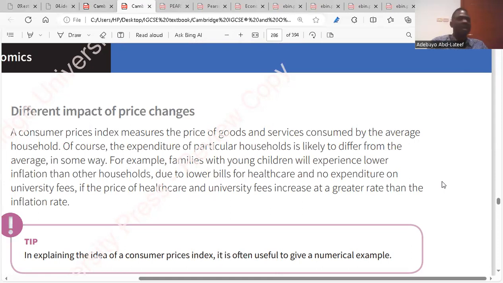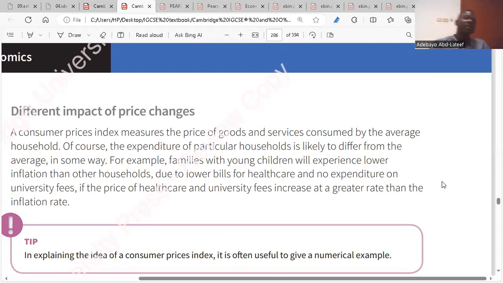Let's say a family of 35, 40, they would have kids, maybe in high school or even going to the university. So price changes in education and healthcare might affect them more than those that are just coming. Did you get the point here? The point about price changes is that it affects one household more than another. So it depends on the category of household you're talking about.